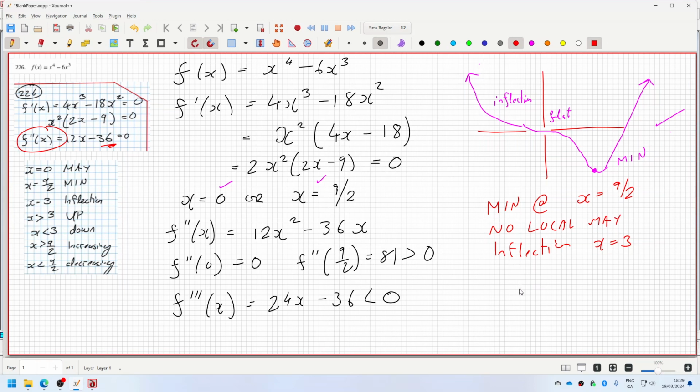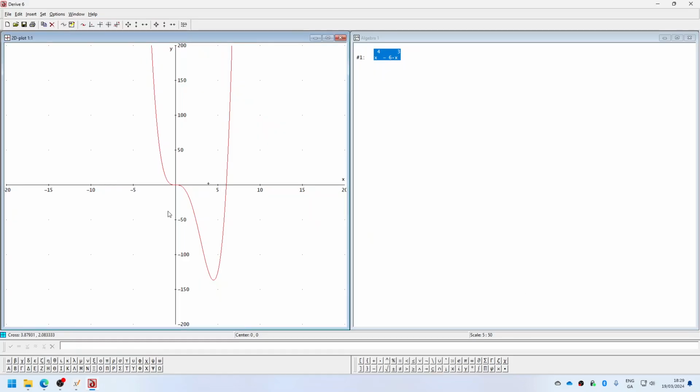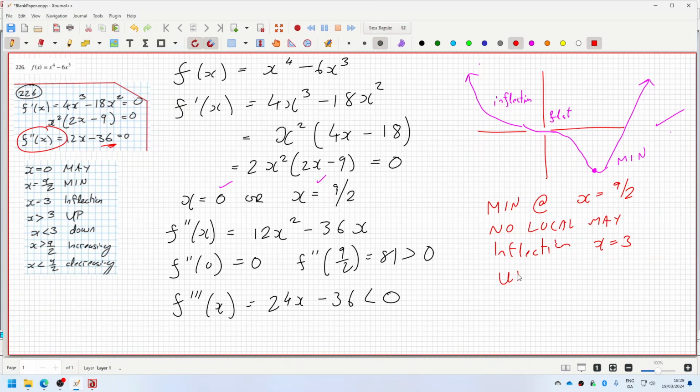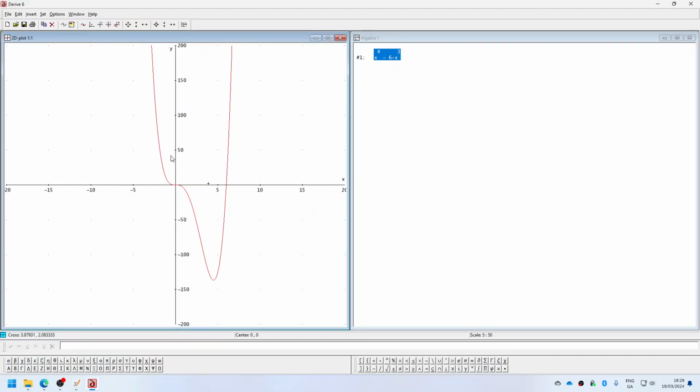And then concave up at x less than 0. And then am I missing something around here too, possibly?